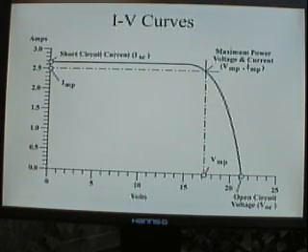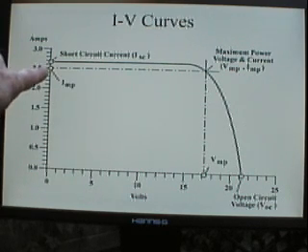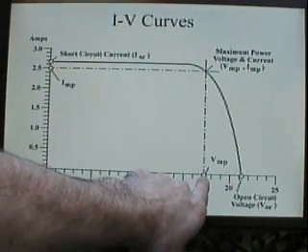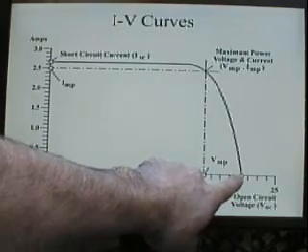The I-V curve is what electrical engineers like to look at for photovoltaics, and this graph tells some great information. It shows the max power current and the short circuit current, max power voltage, and the open circuit voltage.